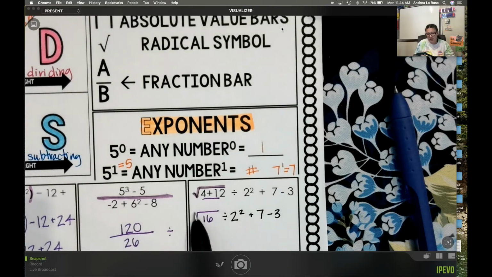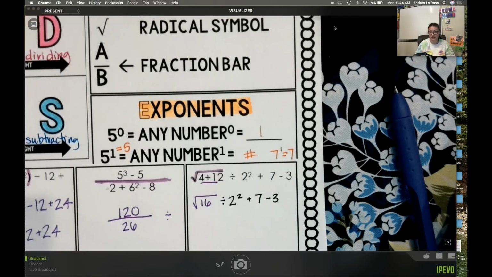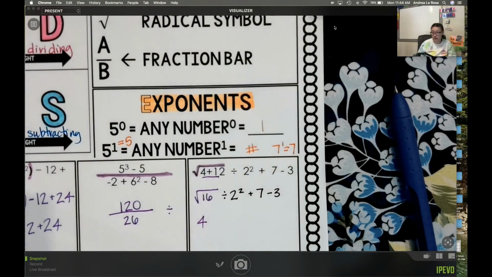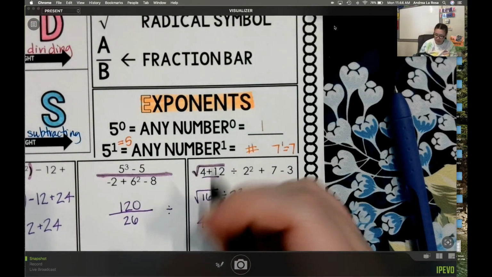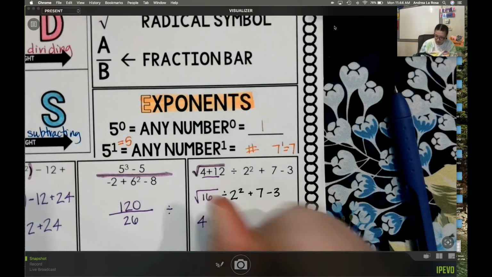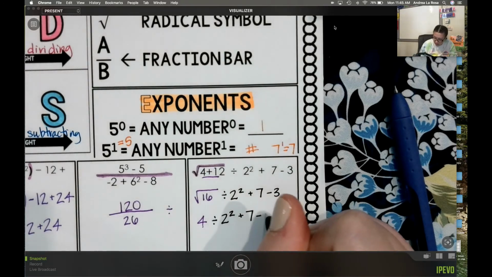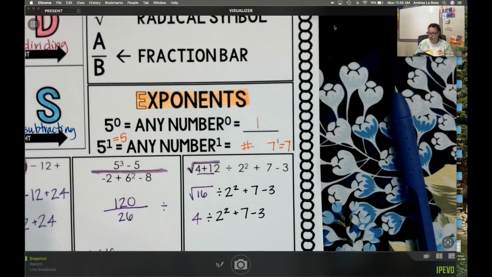Can we simplify the square root of 16? What is the square root of 16? 4. That's a review from that first unit we had with the perfect squares and square roots. So now I need to do 4 divided by 2 squared plus 7 minus 3.